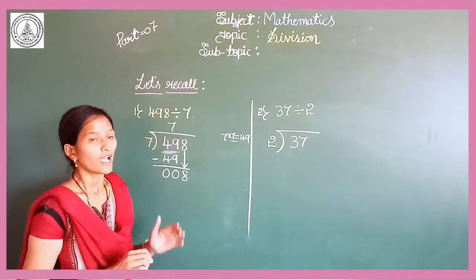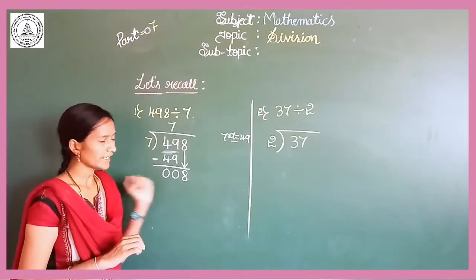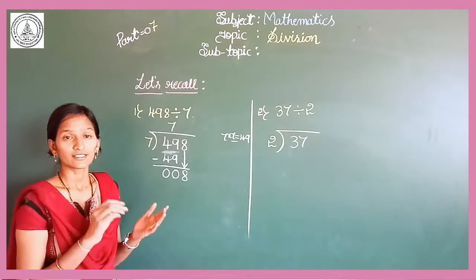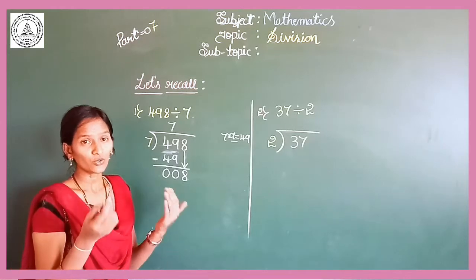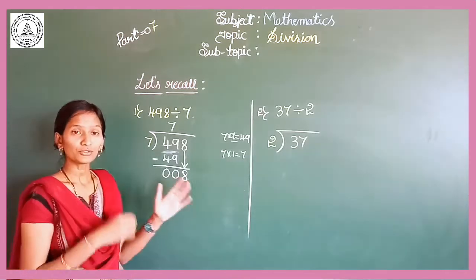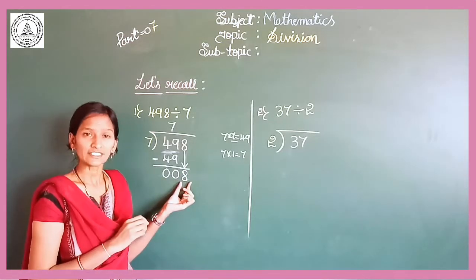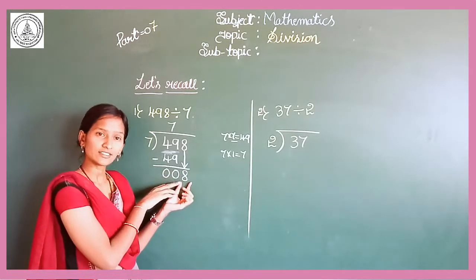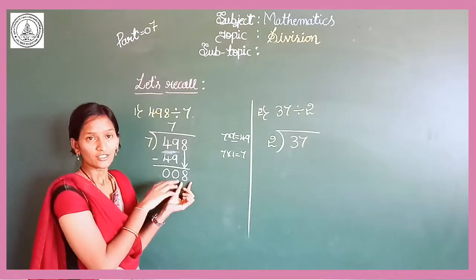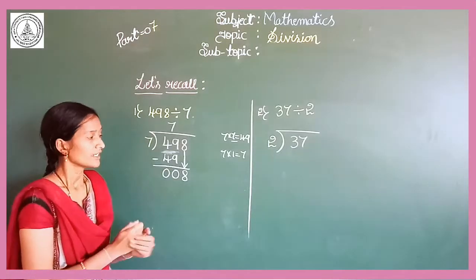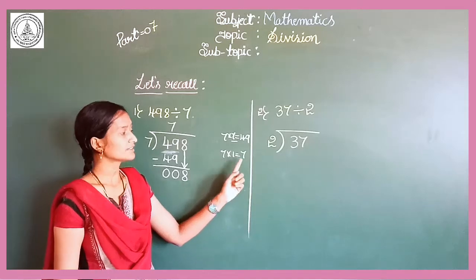In the table of 7, is there 8? In the table of 7, there is no 8, right? So now you have to choose the number which is closest to this 8 and less than 8. Which is that? In the table of 7, 7 1s are 7.